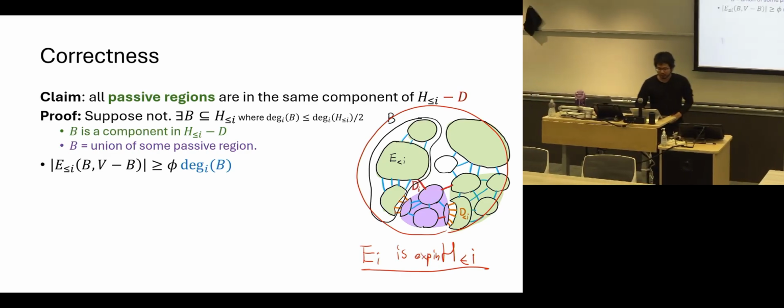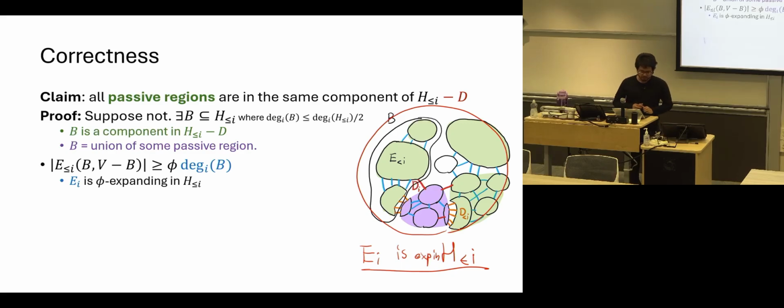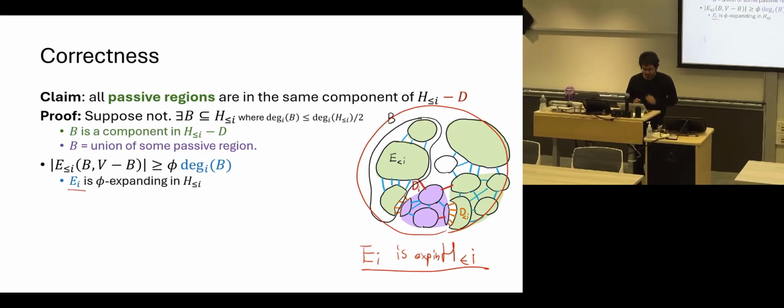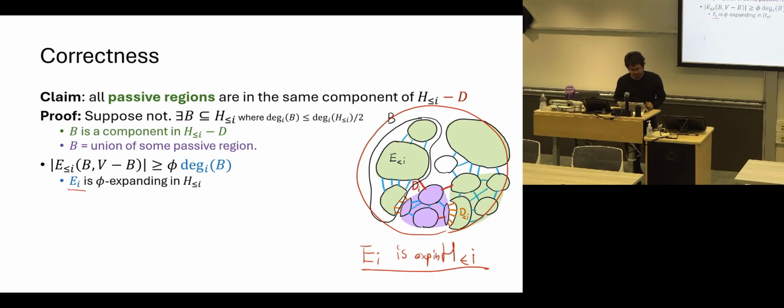Yeah, this is just because E_I is phi expanding.